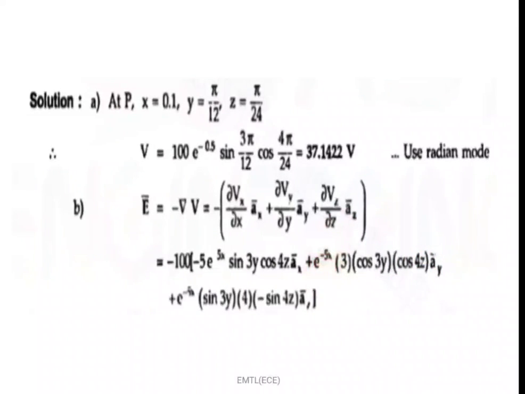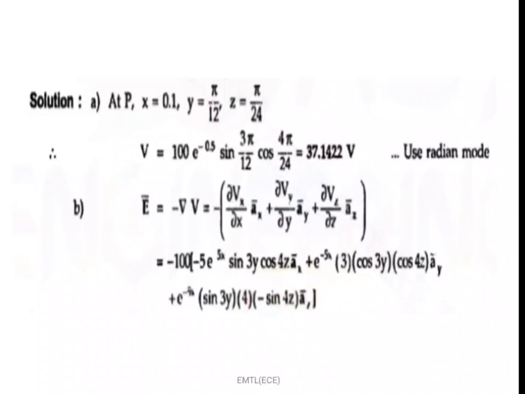Plus the differentiation with respect to y. So x and z are taken as constant. So e power minus 5x as it is, and cos 4z is also written as it is. The differentiation of sin 3y is 3 cos 3y. And the next is differentiation with respect to z. So the x and y terms are taken as constant: e power minus 5x sin 3y as it is.